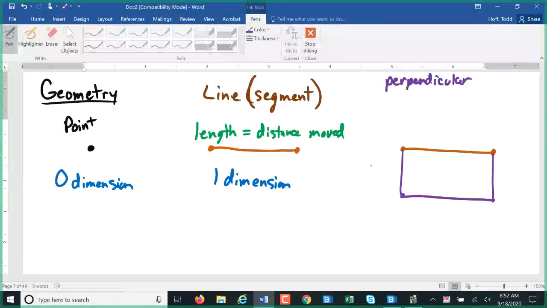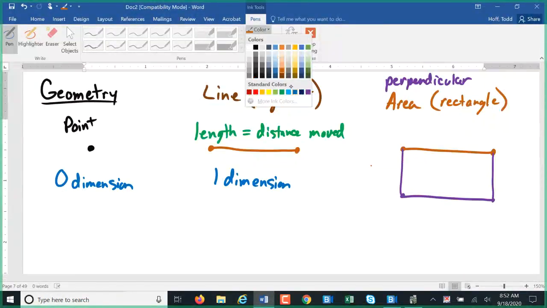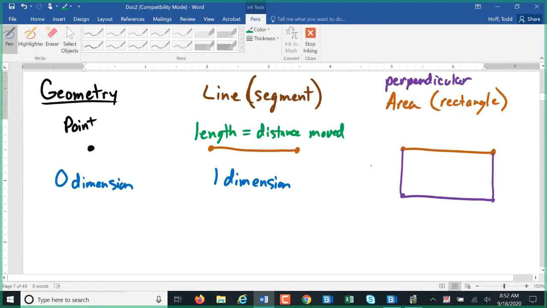What we have created here is an area. And technically, it's a rectangle, or a rectangular area, if you want to call it that. The size of this area depends on the length of that original line segment, and again, the distance moved.